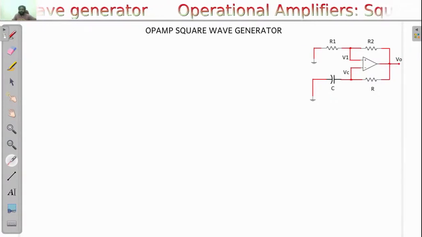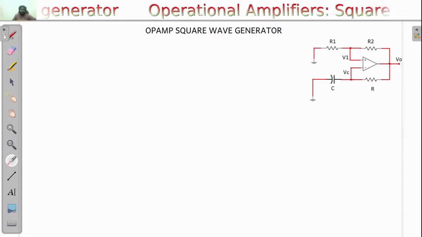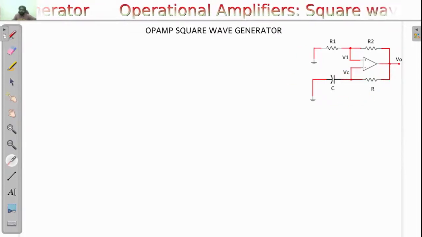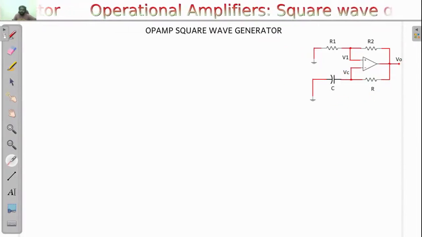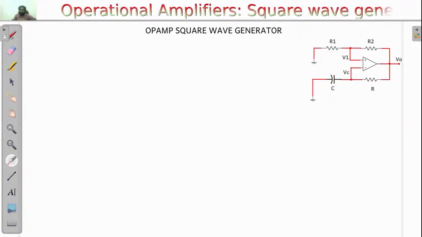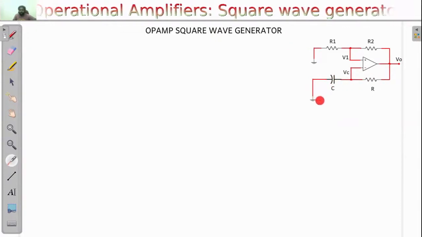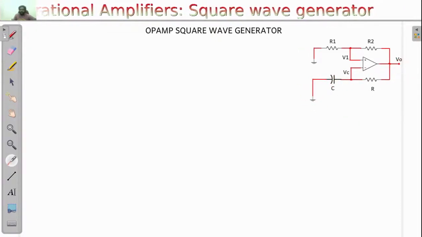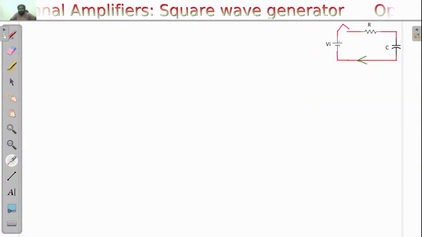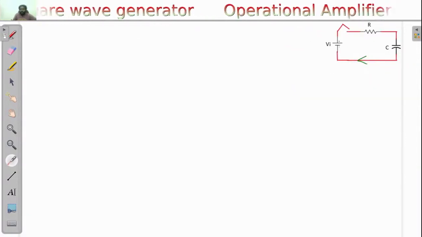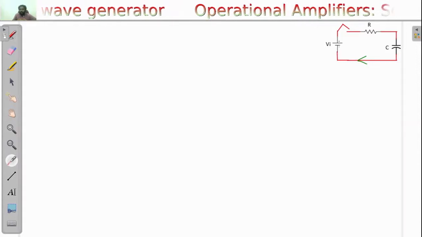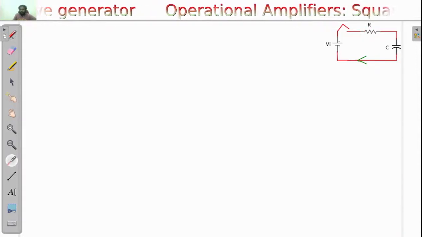Let us see how this is happening. The core of this circuit is a voltage which tries to charge the capacitor through a resistance, and this is called an RC network. So we need to look at the RC network a little more deeply. This one is a DC voltage connected to an RC network through a switch.